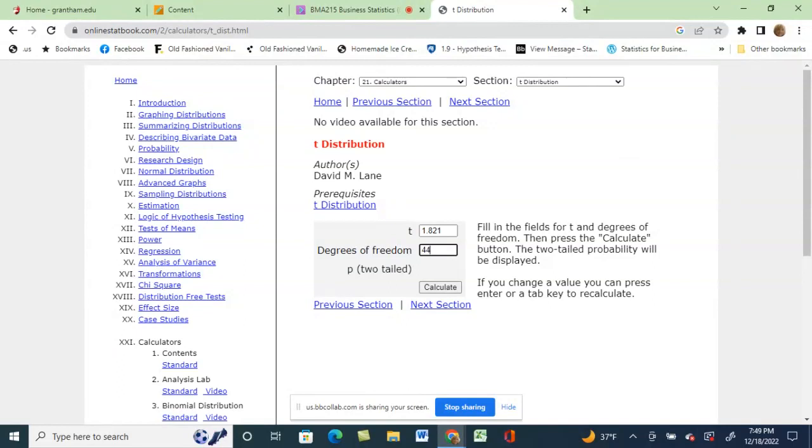Now, this is for a two-tailed test. So what we have to do is we only want one side of the tail. So we're going to take this answer and divide it by 2. If we had a two-tailed test, this answer, 0.0754, would be okay. But we only have a one-tailed test.